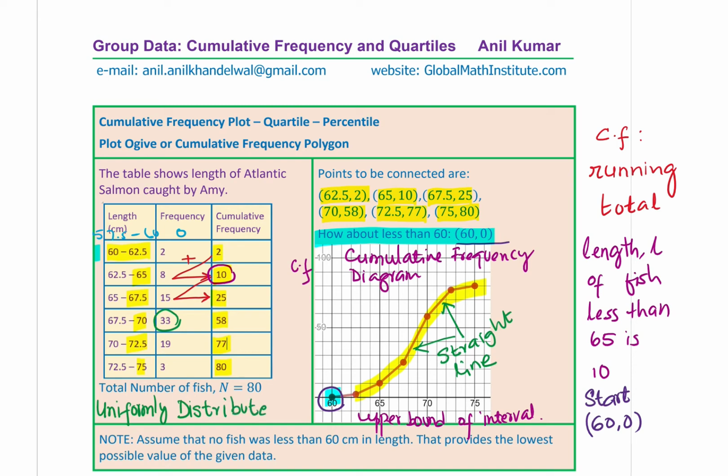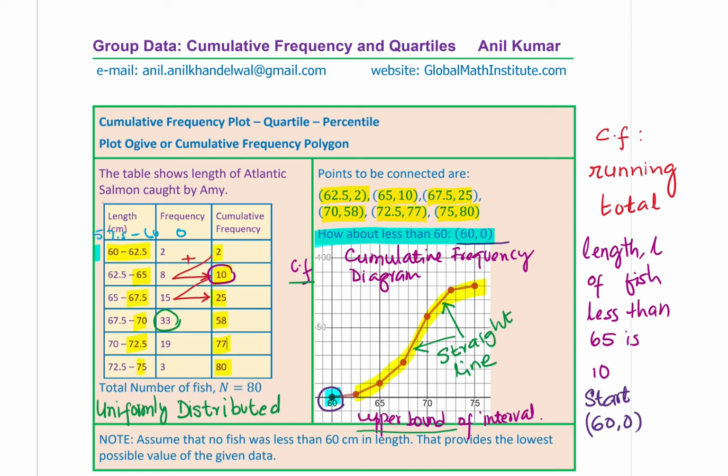You get the idea. Therefore, the graph should always have the terminal points, which indicate the upper bound and the cumulative frequency, and these points should be connected by straight lines. So we also give it the name polygon.